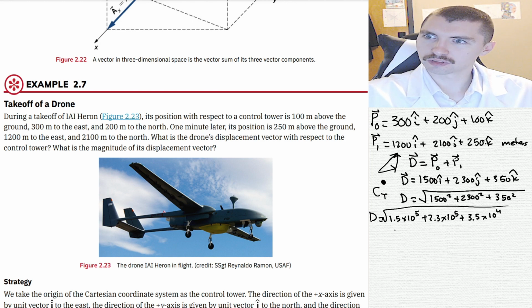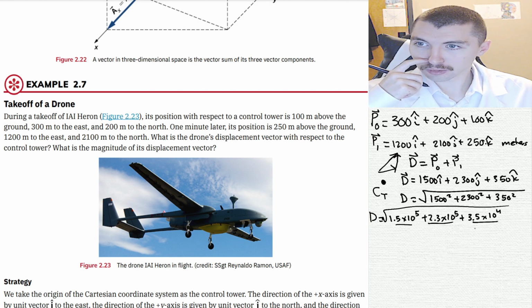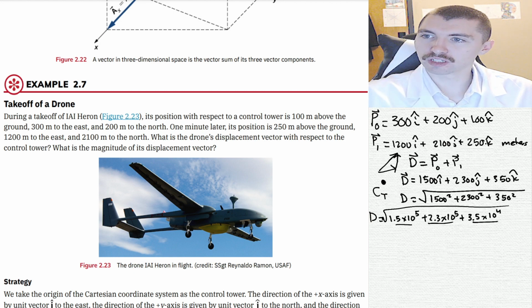So I'm going to say this is 10 to the 5th, this is 10 to the 5th, and this is 10 to the 5th, because 3 is greater than the square root of 10, so we're going to bump it up an order of magnitude.